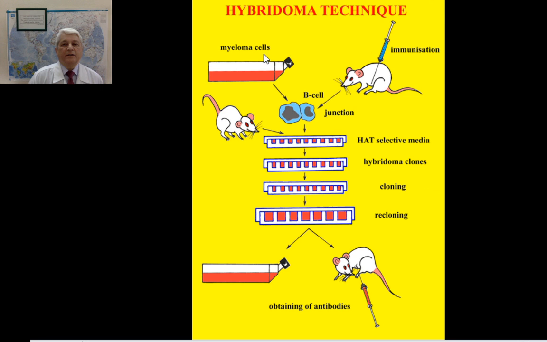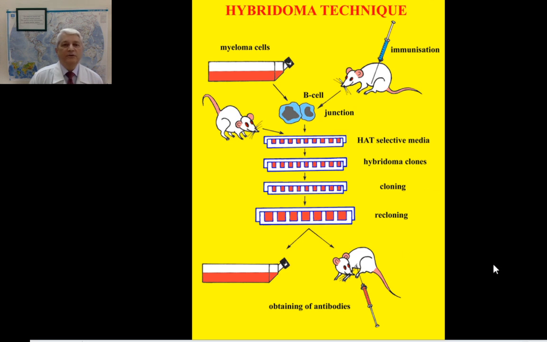Now we must be sure which clones are producing cells and which clones are not producing cells. For this we use the ELISA method, which I shall show you on the next figure, but let's decide that finally we obtain a test tube in which we have a clone of hybridoma producing antibodies with desired specificity.